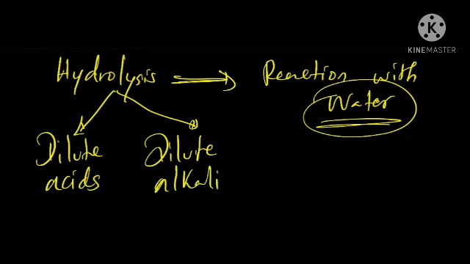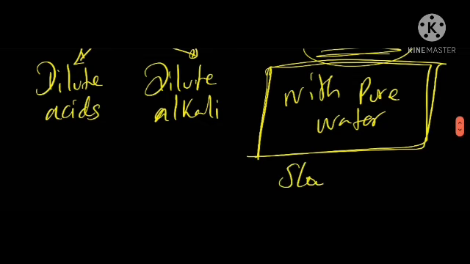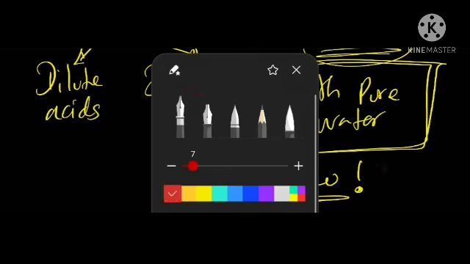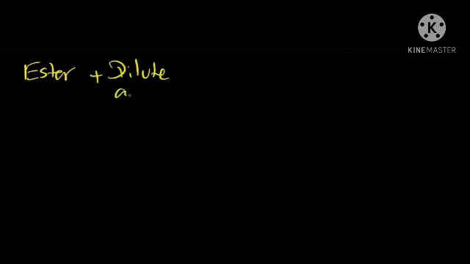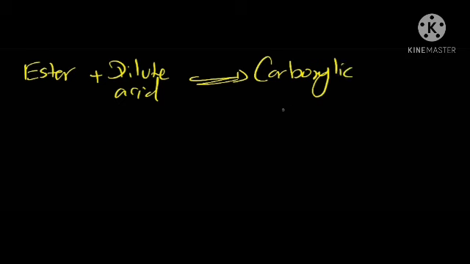Secondly, hydrolysis of esters with dilute alkali. Hydrolysis of esters with pure water is a very slow reaction, so we can gracefully disregard it as it's never used. In hydrolysis of esters with dilute acids, the reaction is catalyzed by dilute acid, and here the ester bond splits into its respective carboxylic acid and alcohol as the products.